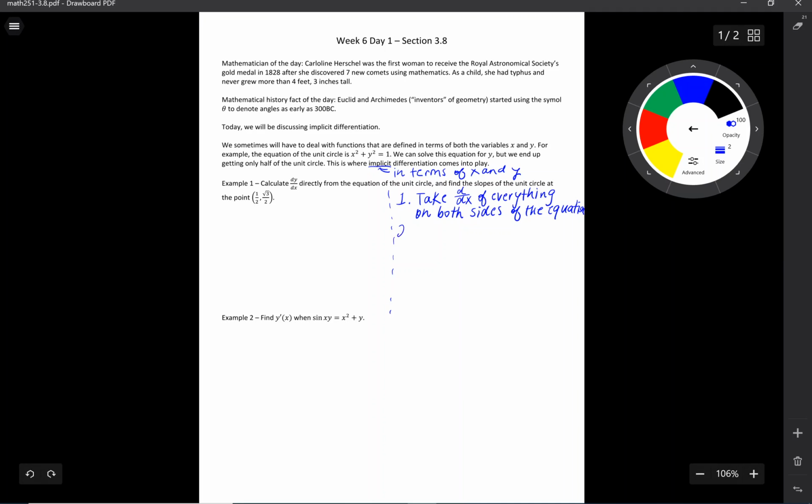Next, I have to employ the product rule, chain rule, or any other rules in order to find the derivatives.